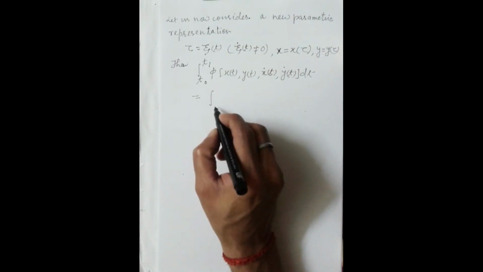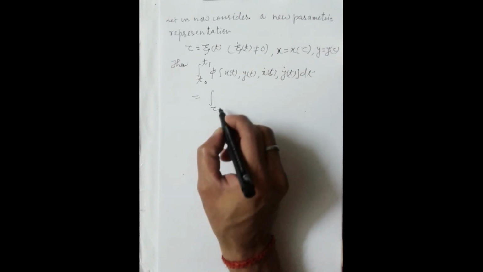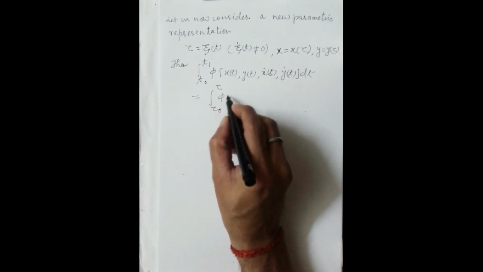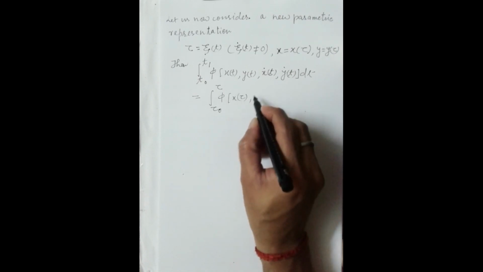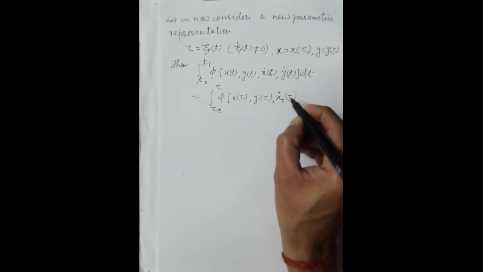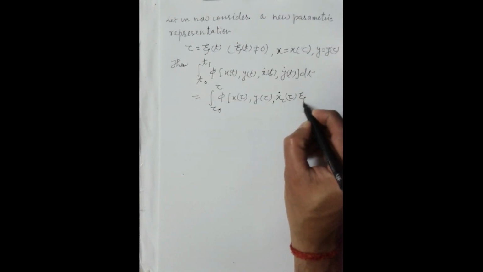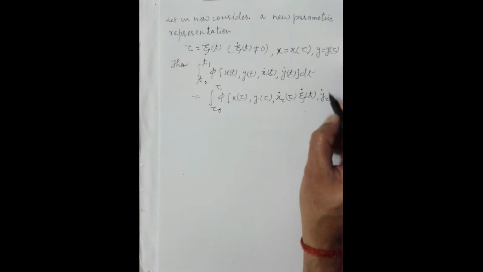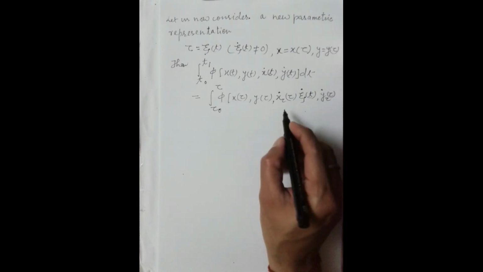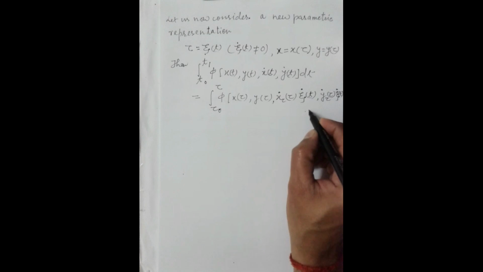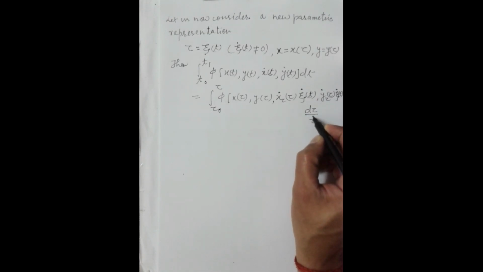is equal to the integral from tau 0 to tau 1 of phi(x(tau), y(tau), x tau dot times xi dot(t), y tau dot times xi dot(t)) into dt by d tau.